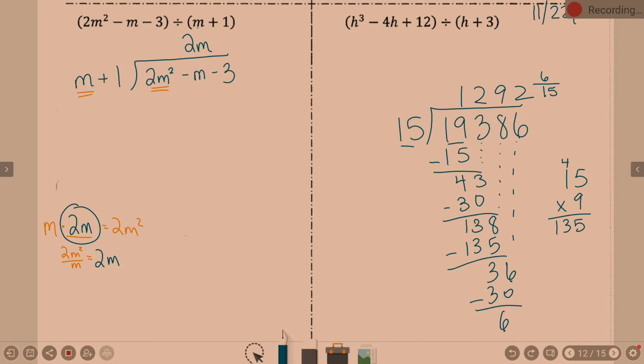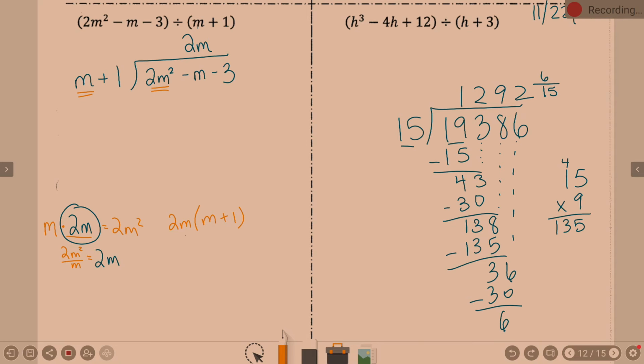Now, after we put that up there, we now take that and we need to multiply. So now, I'm going to take my 2m that's up top, and we're going to multiply by the m plus 1.